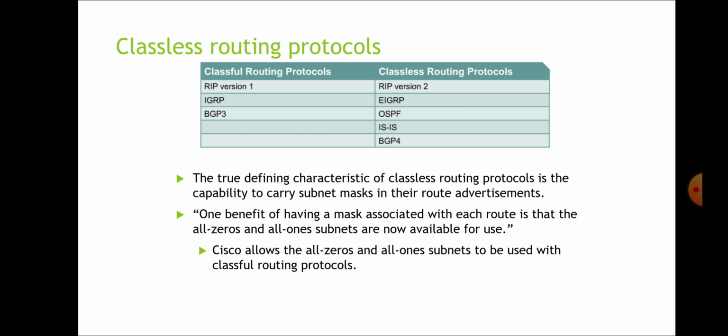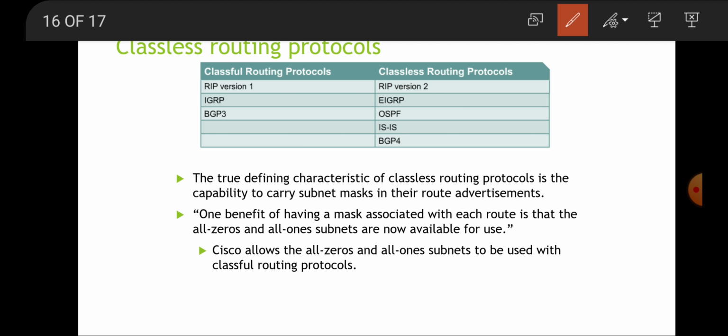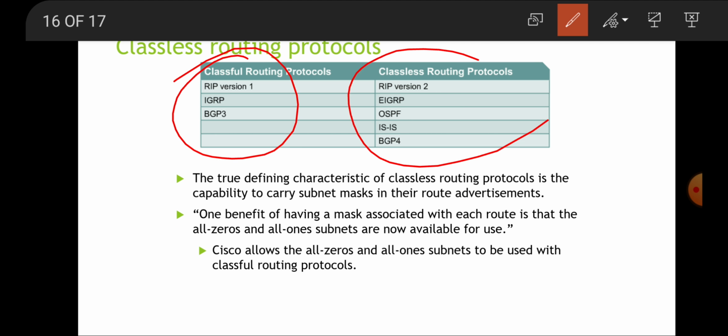Okay, the classless routing protocols. These are a few routing protocols that can be used while doing classless routing. RIP version 1 is a classful routing protocol. Okay, IGRP and BGP3 are also classful routing protocols, and these are the classless routing protocols: RIP version 2, EIGRP, OSPF, IS-IS, and BGP4.